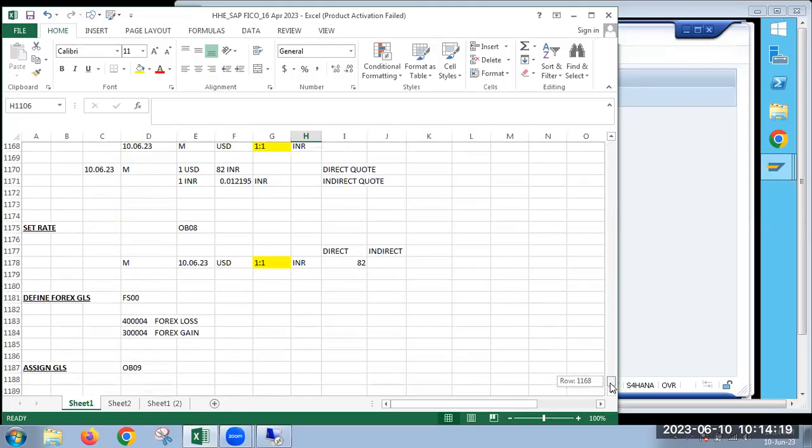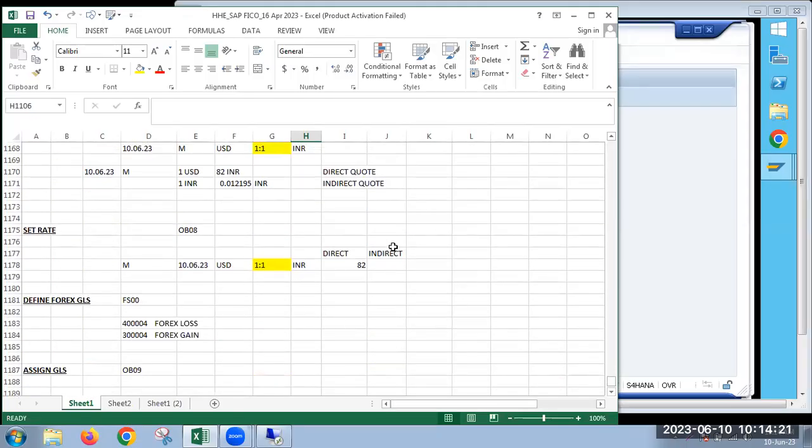Then on payment after an invoice, because of the difference in the currency rate, the system calculated and automatically posted the payment difference amount to that forex loss account. So these are the main points we went through today. Any more questions from this?